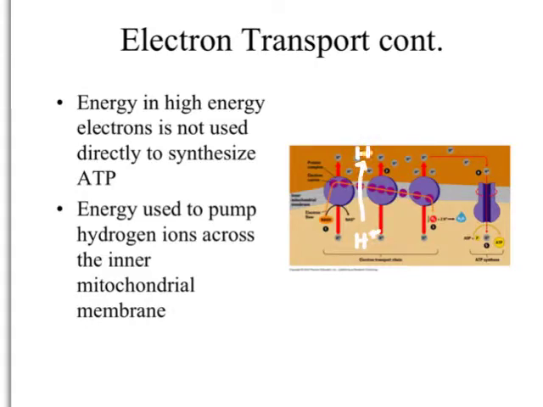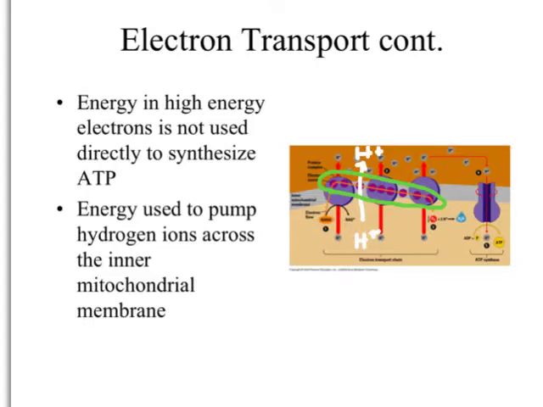They're being transported against their gradient, so we have to have energy, and that energy is coming from those high energy electrons within the inner mitochondrial membrane. The electrons are kind of helping the hydrogen ions get sucked through the membrane there.